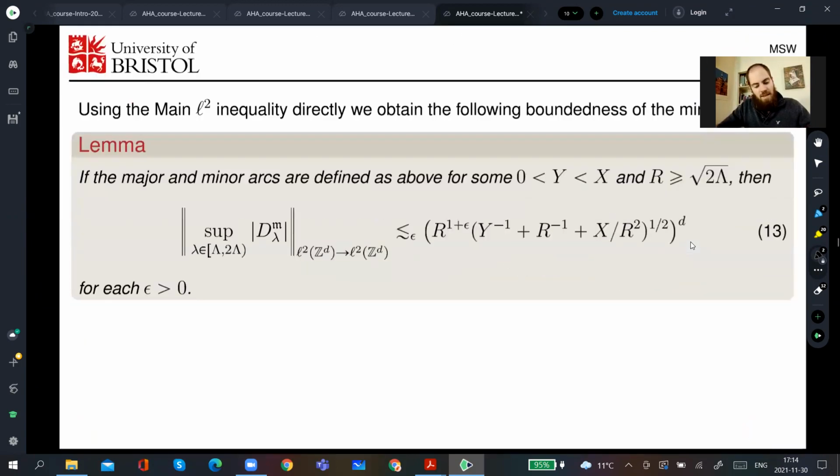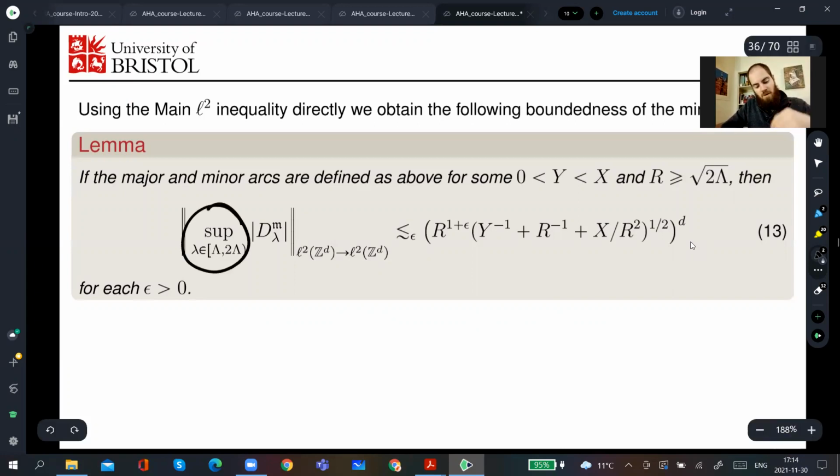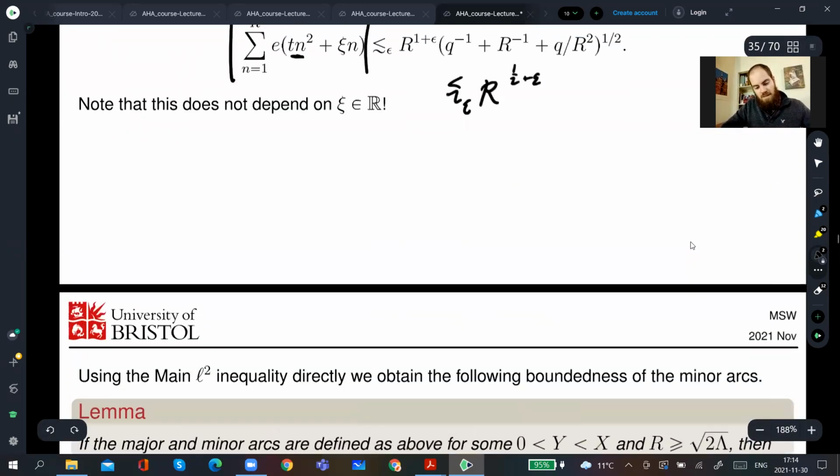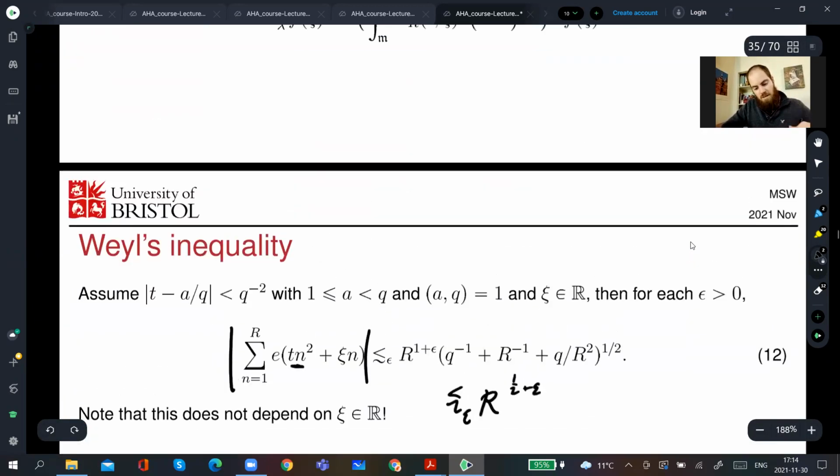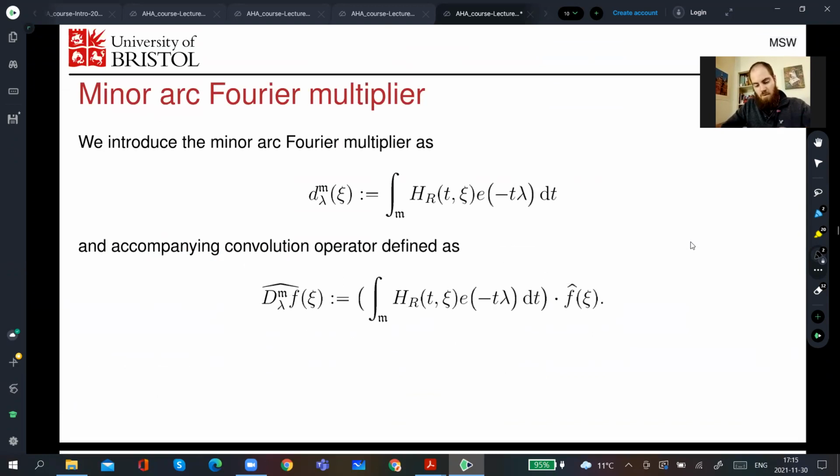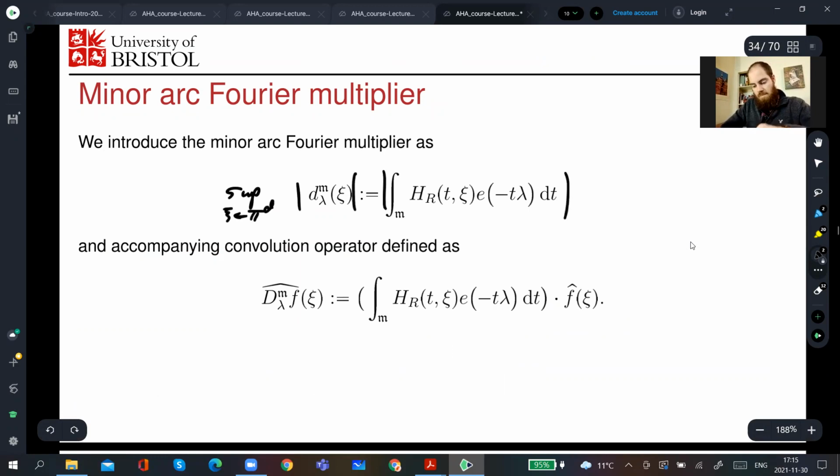So now we just apply that main L2 inequality, directly followed by Weil's inequality. Because remember, this main L2 inequality turns this into a supremum over all c. And that supremum over c is what? Well, sorry, let's be correct about this.